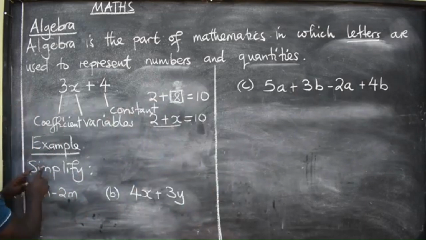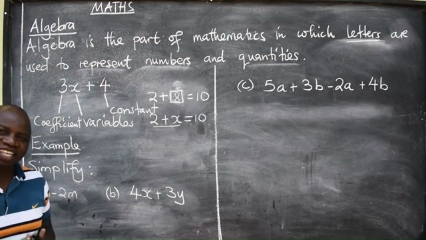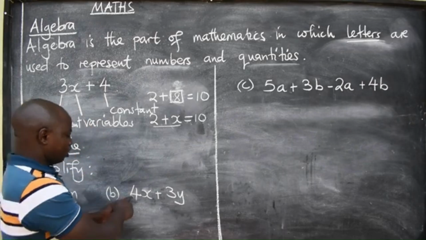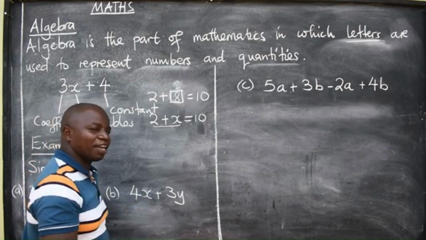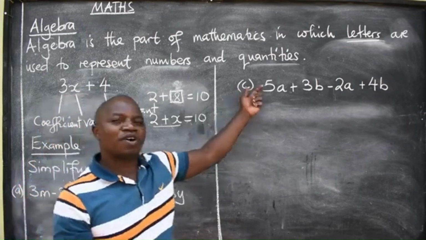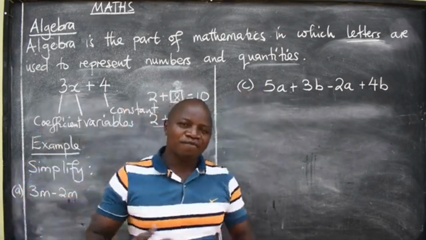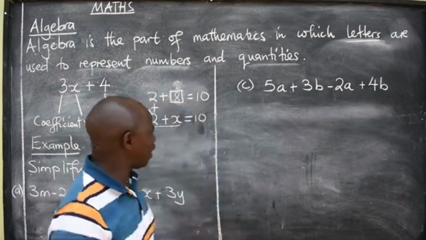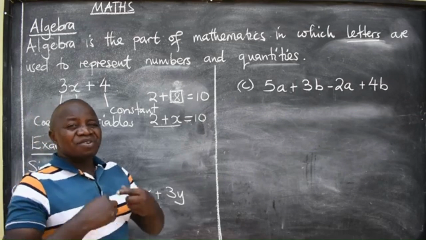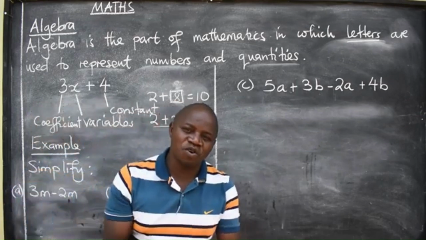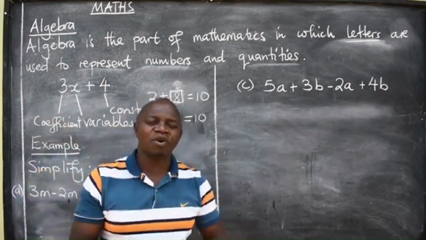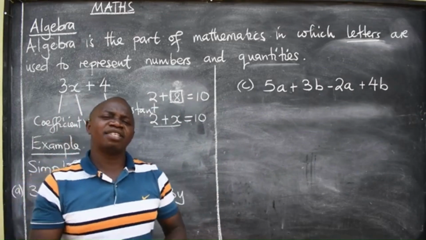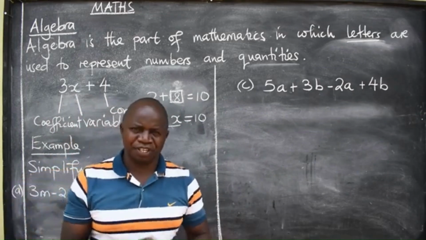So we have this example here which says simplify. Part A, 3m minus 2m. What is the answer? B, 4x plus 3y. What is the answer? We also have C here. Now, before we look at one after the other, I want you to understand that there are rules that we follow in simplifying these algebraic expressions.